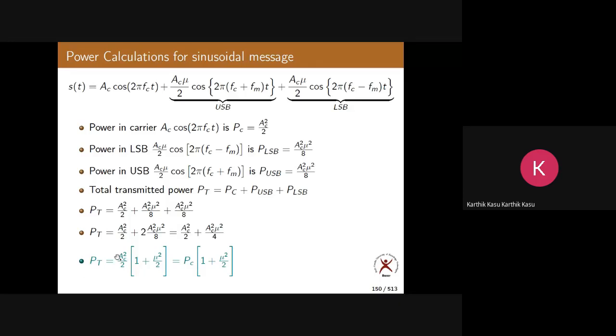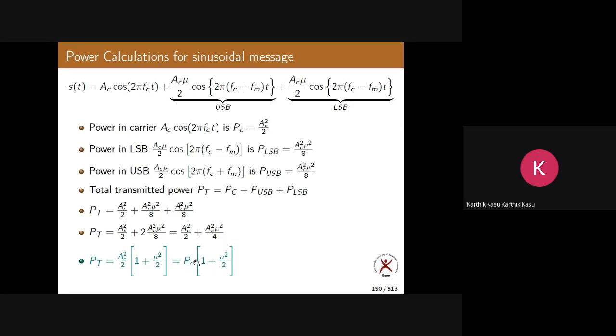Now PT equals Ac square by 2; you can take Ac square by 2 common here, and you are left with 1 plus mu square by 2. But what is Ac square by 2? Carrier power, PC. So I am writing PC.